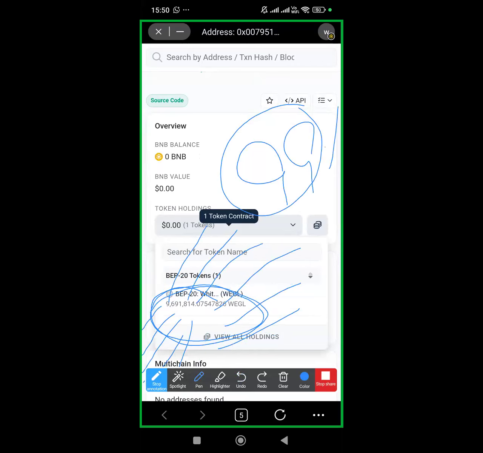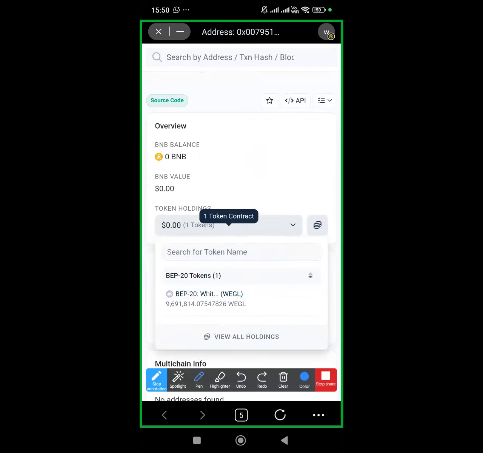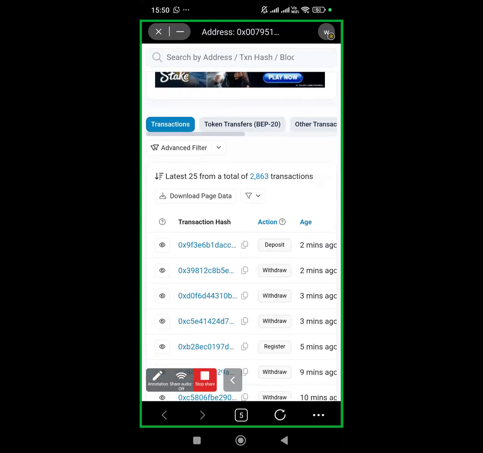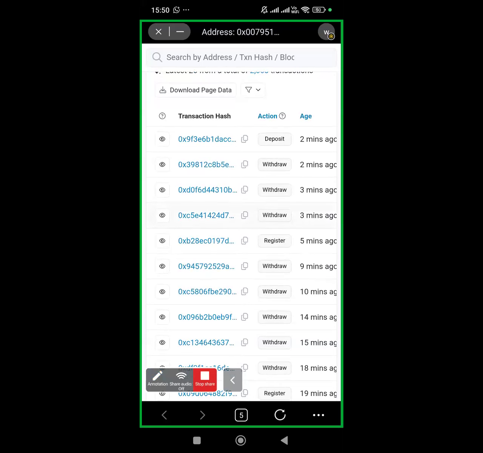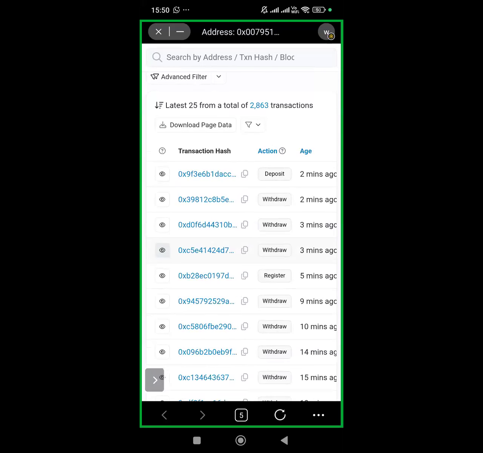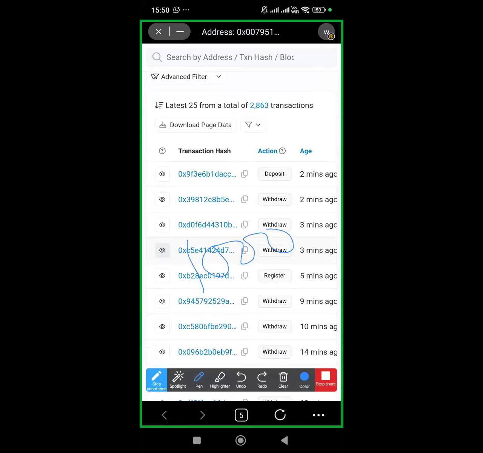But nobody has control. How will you prove that nobody has control? These are the two things that you can prove. You can see everybody is depositing, withdrawing, everything. Everybody is collecting small. As the price is moving high, everybody is trying to collect more and more. Suppose somebody just collected 1,000 coins.